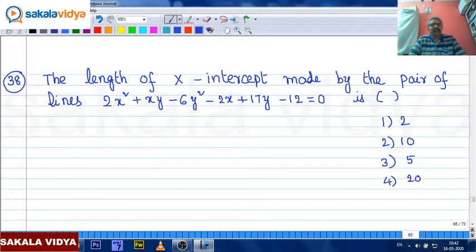The length of the x-intercept made by the pair of lines 2x square plus xy minus 6y square minus 2x plus 17y minus 12 is equal to 0 is.